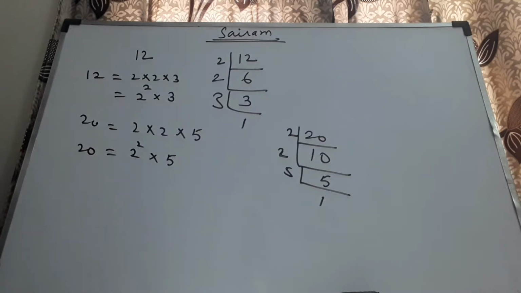Whereas 4, 6, 8, 9, 10, 12, of course 15, 16, 18, 20 and so on, such numbers are called composite numbers.